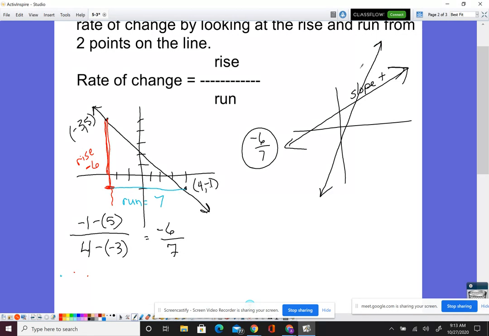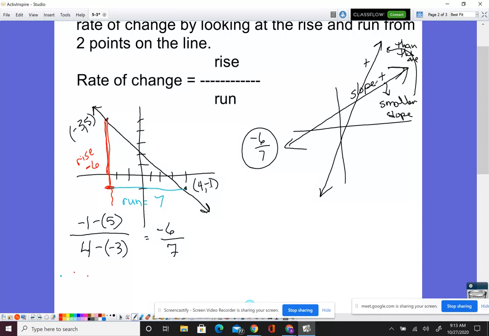Another line, this slope is going to be positive. This one is going to have a smaller slope than this one. And it's because this line is steeper than this one, so the slope is going to be larger.